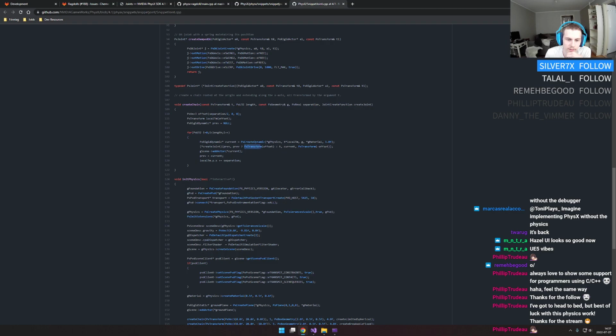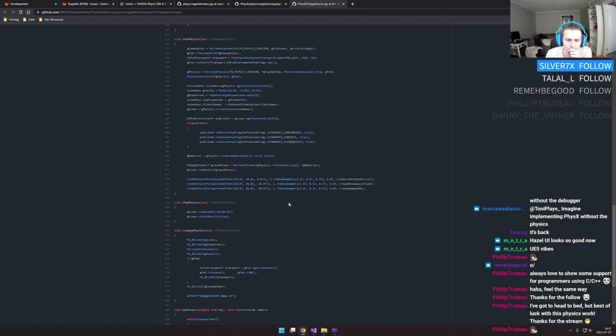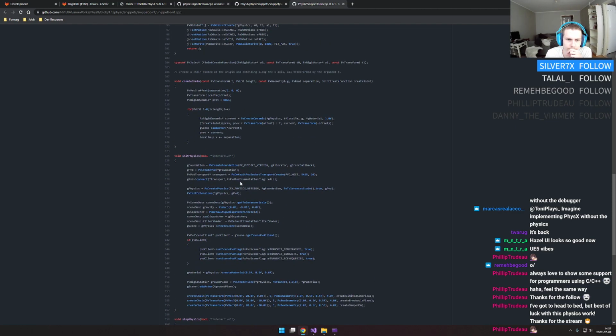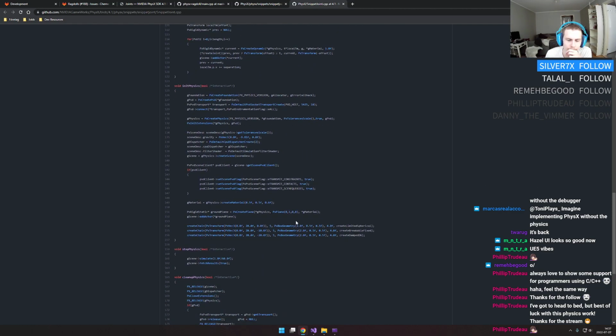Because the way they do it is the offset is the separation divided by 2. Local TM, which, okay, that's not really it, because they just specify a hard-coded separation here.